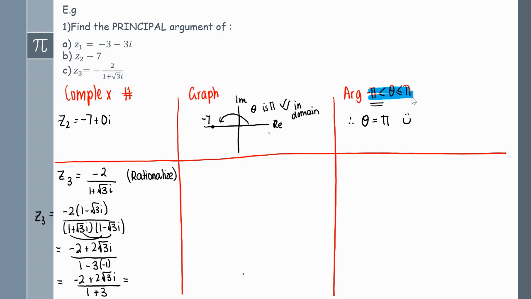Again, you can simplify here if you take a 2 out the front. So you should get something like minus 1 plus root 3i all over 2.